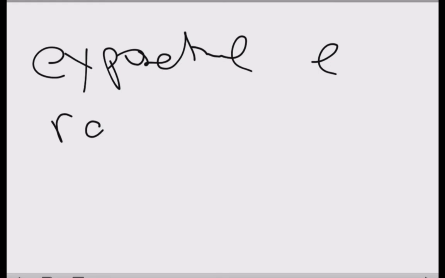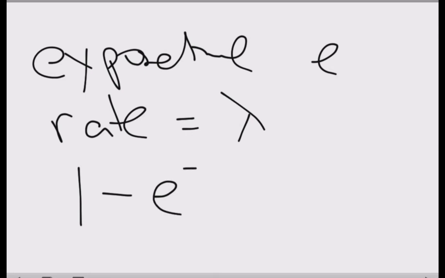The rate, which we've been working with in an exponential model of disease, is sometimes called lambda, and the actual exponential model of disease is 1 minus e to the minus lambda, and that's the probability distribution. If we are following folks over some period of time, we multiply by time. So it would be 1 minus e to the minus lambda times time.